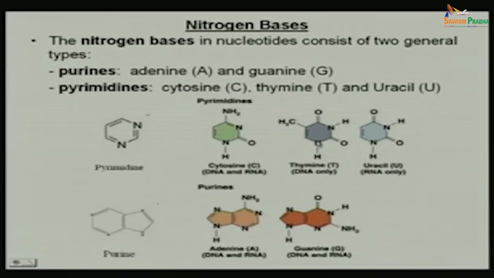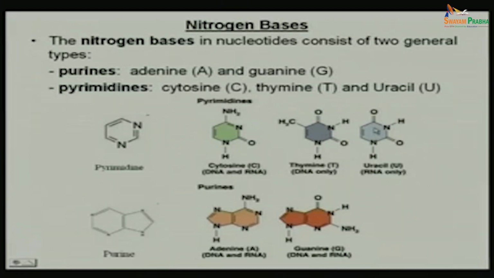Structurally, if we see the pyrimidine derivatives thymine and uracil, the rest of the structures are the same, except for the methyl group attached to the thymine molecule. When this methyl group is removed, we call it uracil.